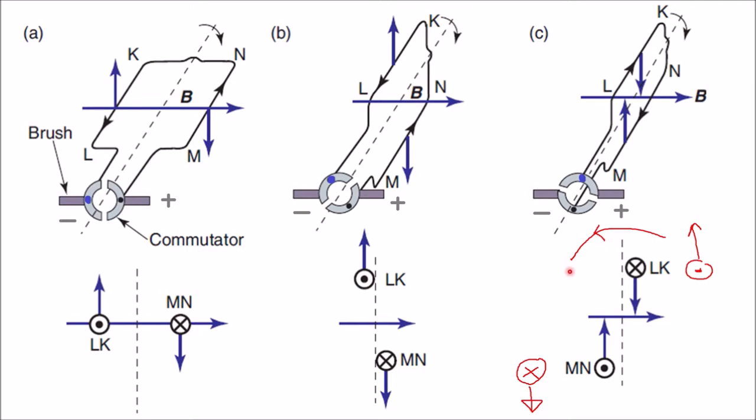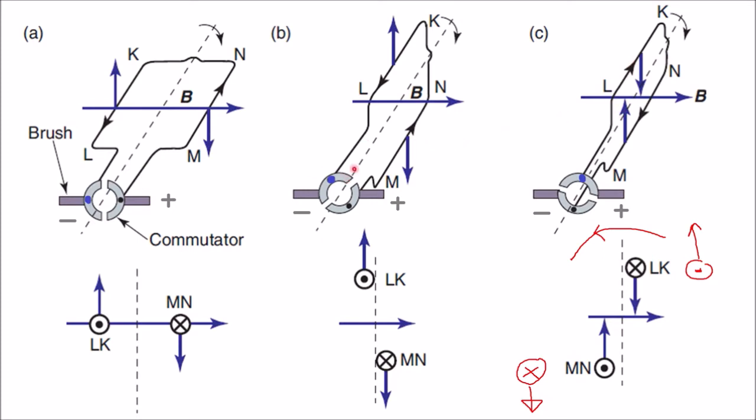You can't have a fan on a hot summer's day reversing on itself every half rotation. You won't get any cool air coming through, right? So that's the function of a split ring commutator on a DC motor. It's to reverse that current and also maintain the same direction of rotation for our motor.